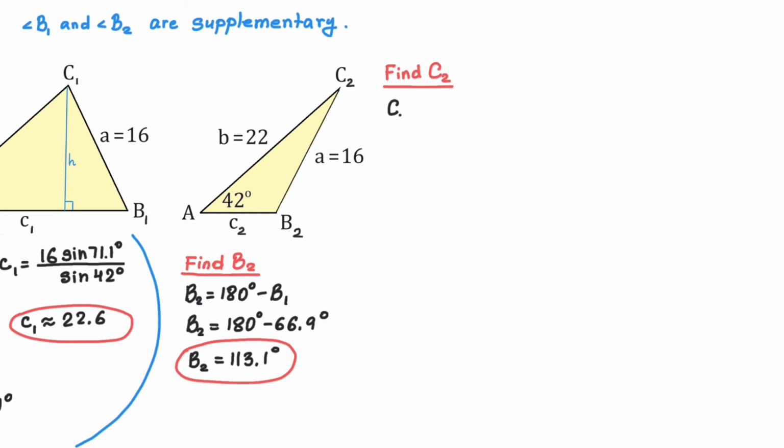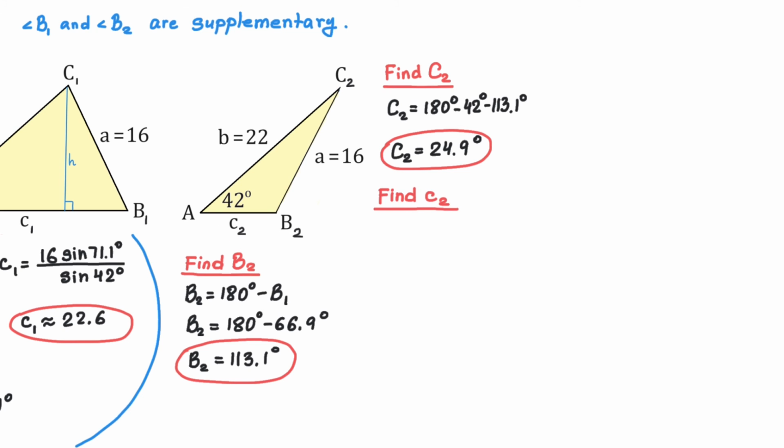So c sub 2 equals 180 degrees minus 42 and minus 113.1. Then c sub 2 will be equal to 24.9 degrees. And now what we have left is to find the side c sub 2.